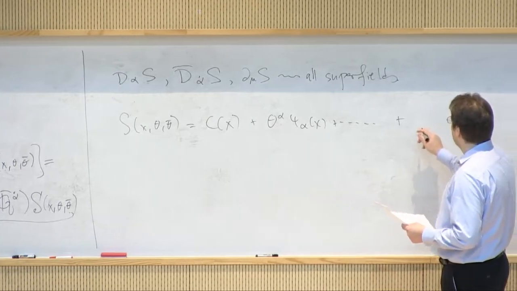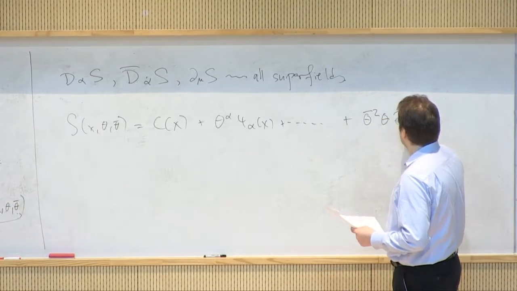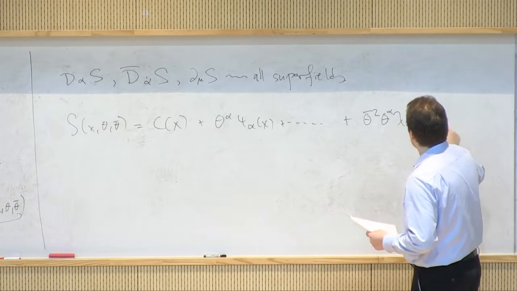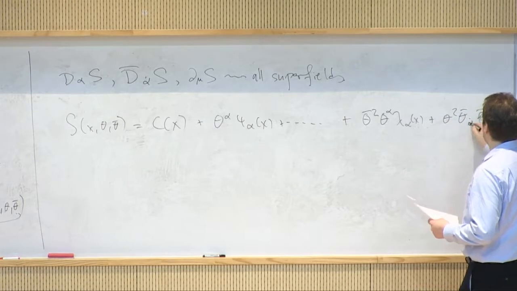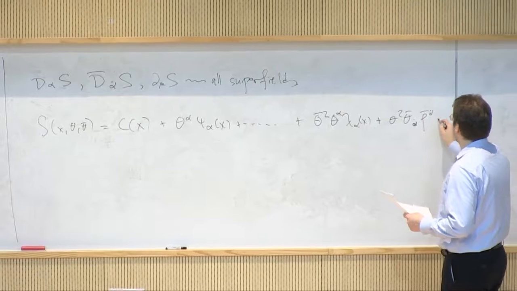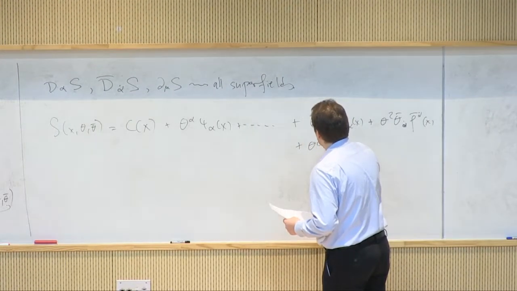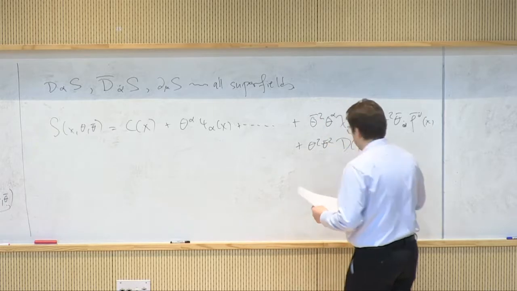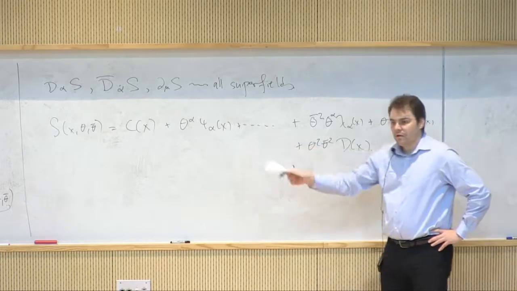And at the very top, you'll have things with 3 thetas times more spinors. Let me call them lambda and rho bar. And then the very top component, the theta squared, theta bar squared component, I call D of x. So that's the D term. The D term is by definition just the top component of a general superfield.